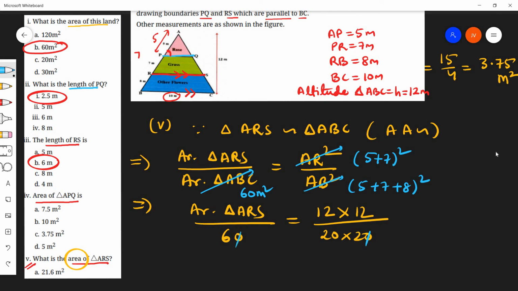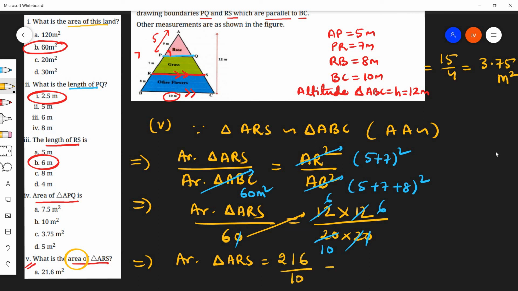So we'll write 20 times 20, and then we will see for the cancellation of terms. So we saw one cancellation, and this 2, I can cancel here, and here I can go for 2 table, and here I'll get something like this. And overall, we have the remaining numbers. If I assemble them, area of triangle ARS is equal to, after cross multiplying, in the numerator 6 into 6 into 6, that is 216.